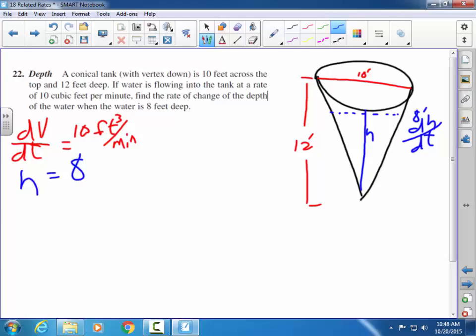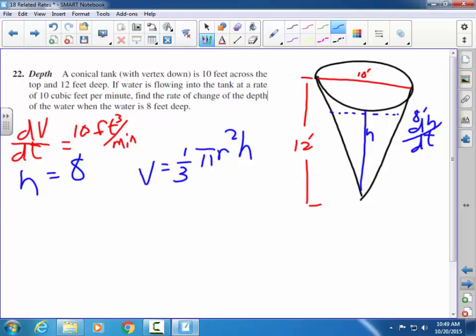Can you figure out a relationship between volume and the height? The volume of a cone, if you look that up, is 1/3 pi r squared h. Just like the last problem. All right. Now, what's the difficulty with working with it just like that?